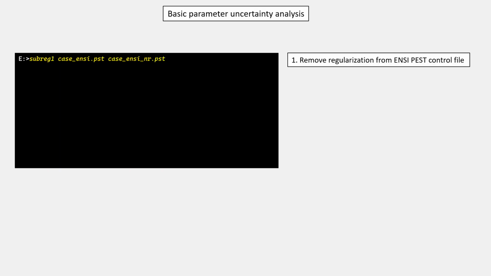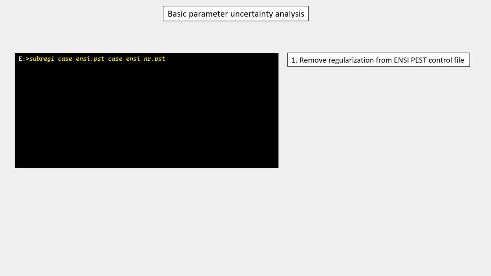Now, before we do any uncertainty analysis, we have to get rid of regularization, and we're going to do basic linear uncertainty analysis to obtain, as I said before, a rough estimate of the posterior uncertainties of our native model parameters.